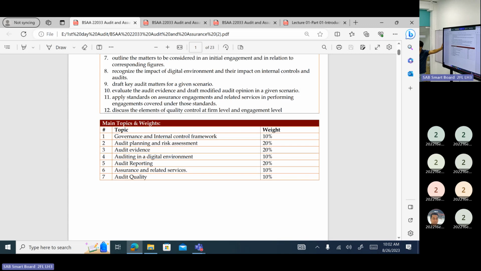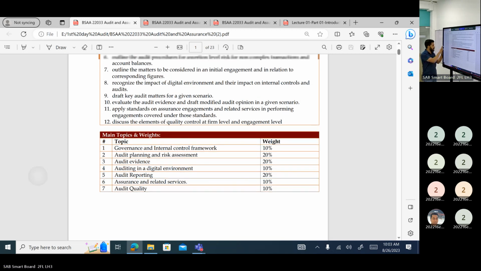The audit and assurance process can be divided into 3 areas. Whatever the audit flow, assurance can be divided into 3 areas. What is that?